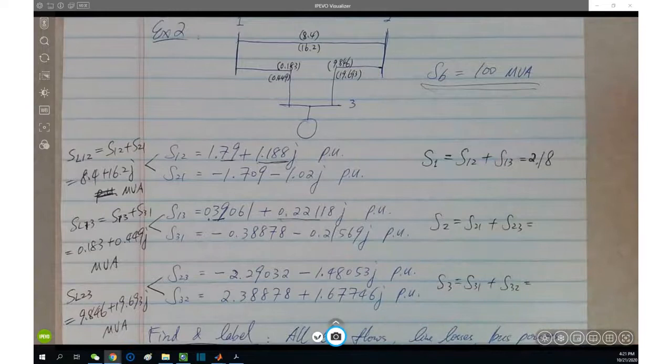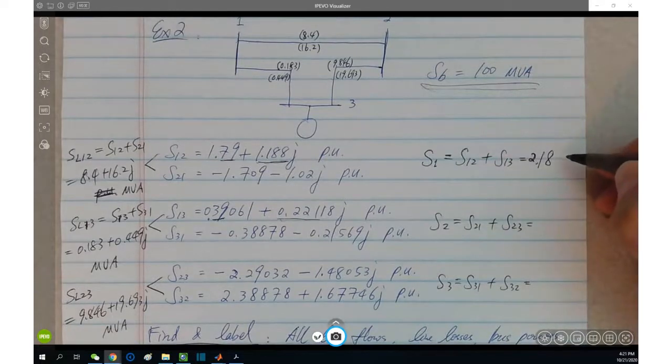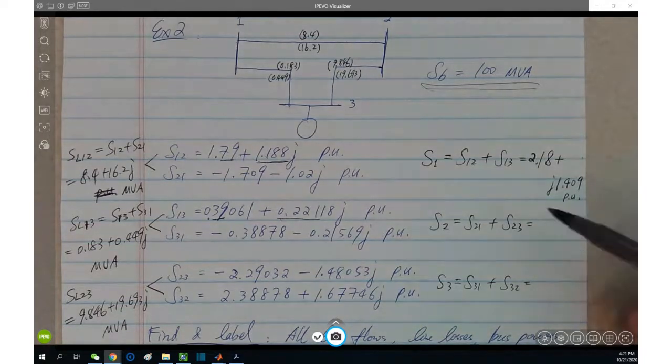Okay. This place is a little bit too small. And 2, 1, 2, 3. 2, 1, 2, 3, basically.